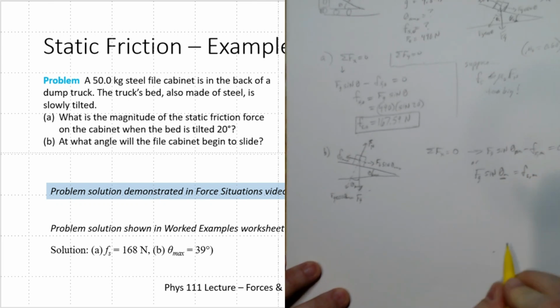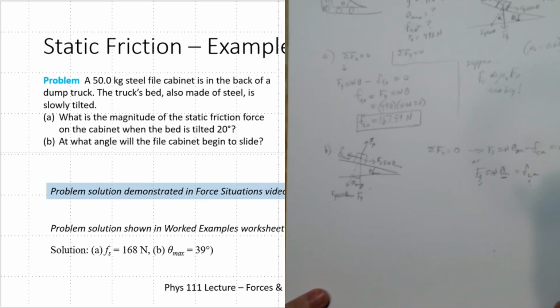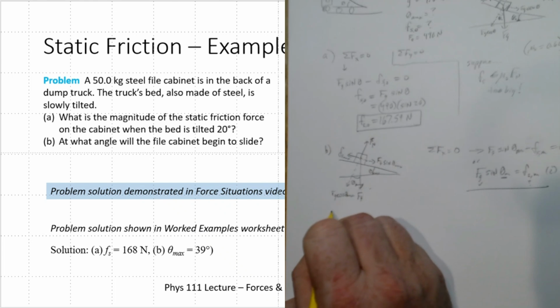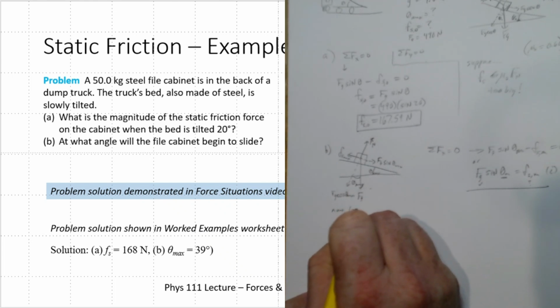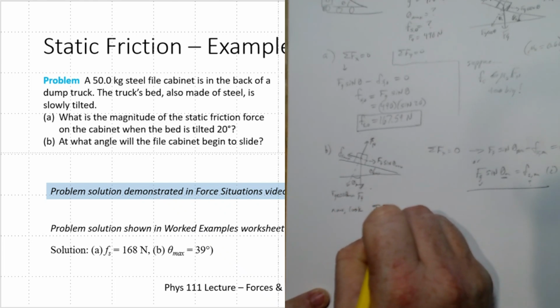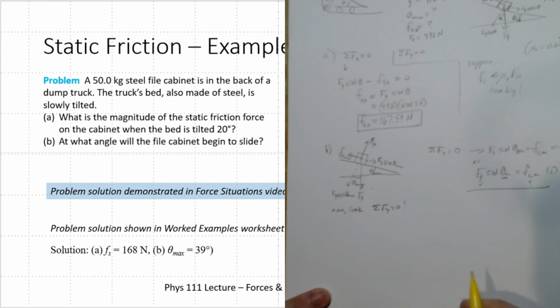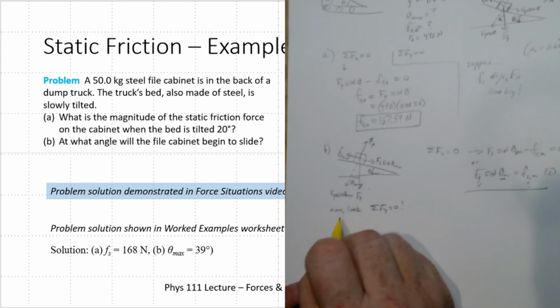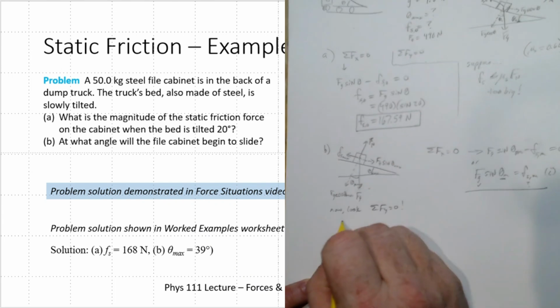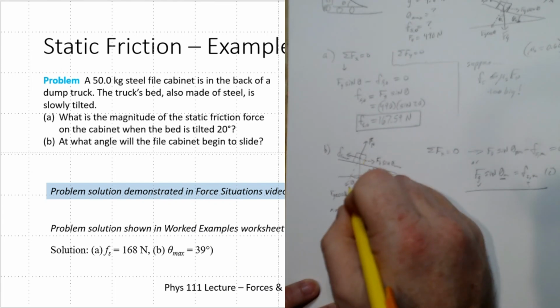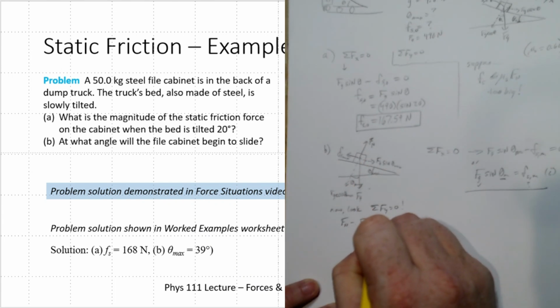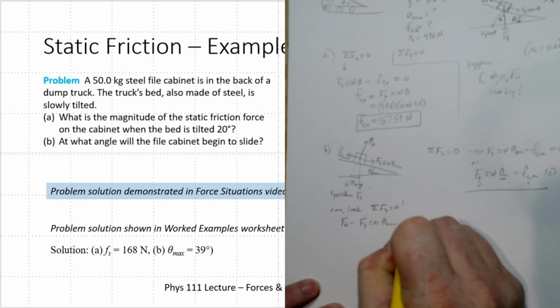So in order to get this angle, we need to know the mass, which we do, and the static friction, which we don't know. We need more information. So let's put this off to the side, and then take a look at the sum of forces in the y direction, which are: we got the normal force going up minus Fg cosine theta max equals 0.